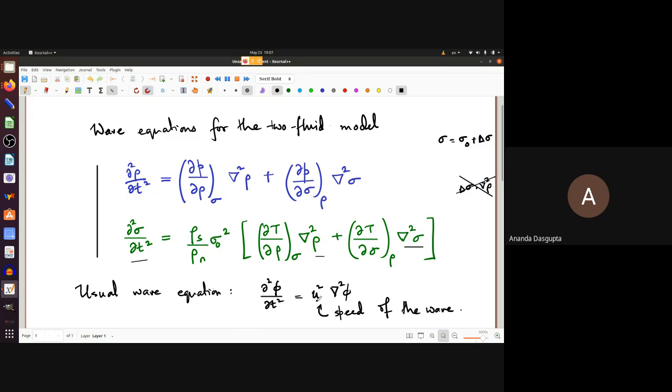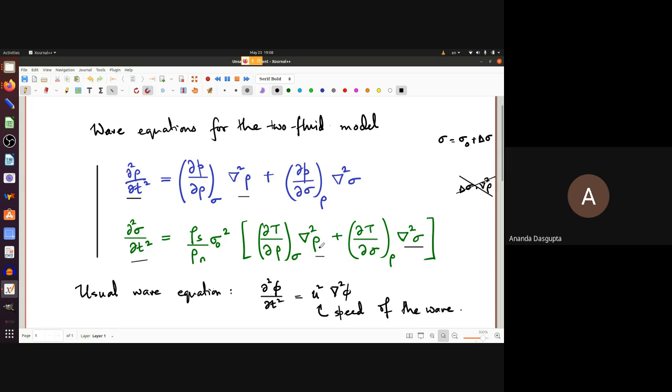Here you have del 2 rho del t2 is Laplacian rho into a constant, but you have an additional term. Similarly, del 2 sigma del t2 has a Laplacian sigma into something, into this whole rho s by rho n sigma 0 square del t del sigma at constant rho. But in addition to that, you also have a Laplacian rho term.